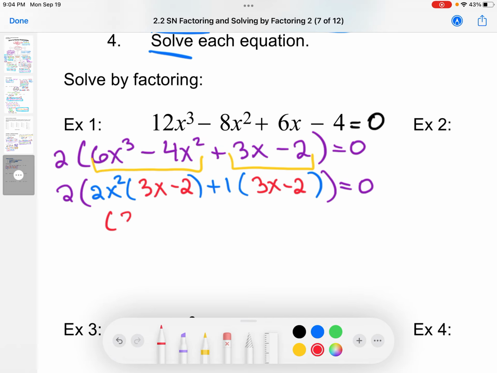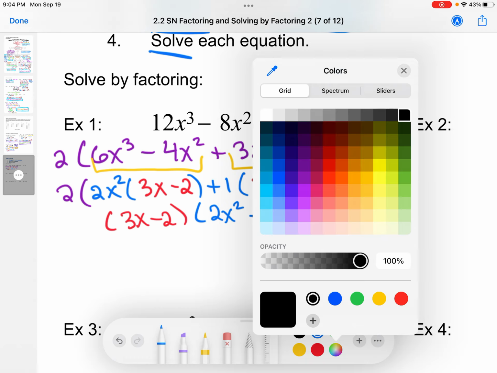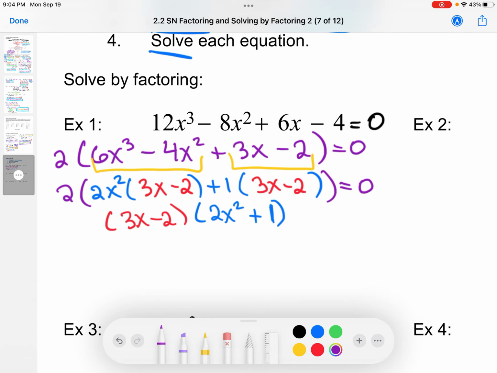And here's why. One of these factors is 3x minus 2. The other factor is 2x squared plus 1. We need a term for this other factor. That's why we have to consider that 1 as its greatest common factor. And we have a 2 on the outside, and this whole thing is still set equal to 0.